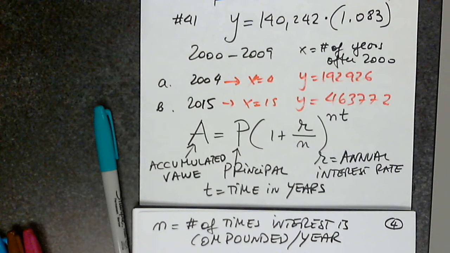It can be semi-annually, which means 2. It can be quarterly, which means 4. It can be monthly, which is 12. It can be daily, which is 365, and so on and so forth.